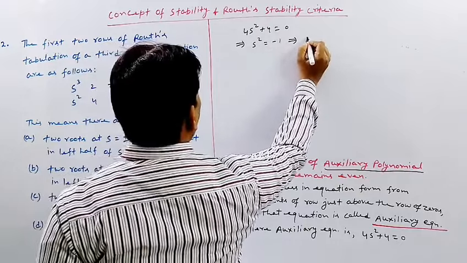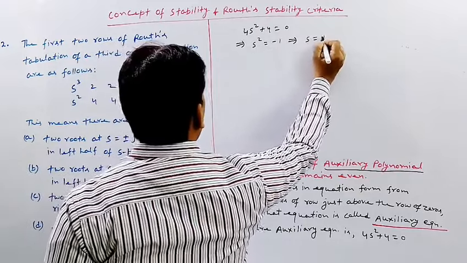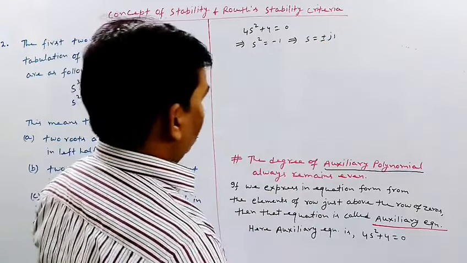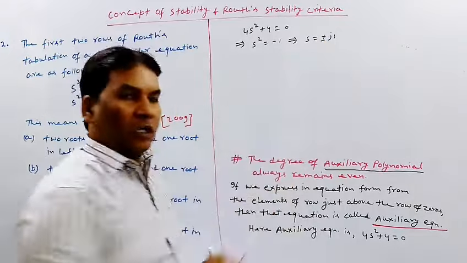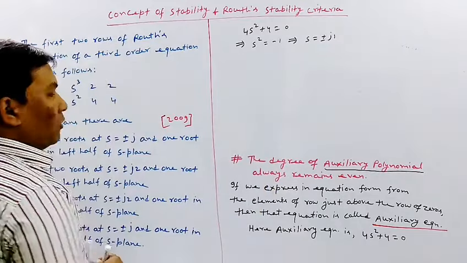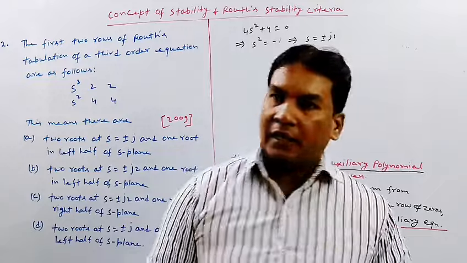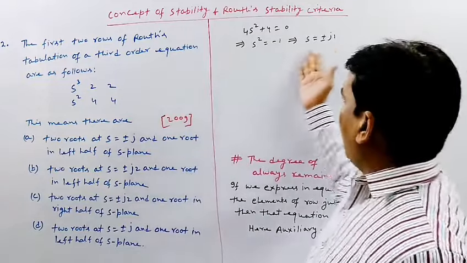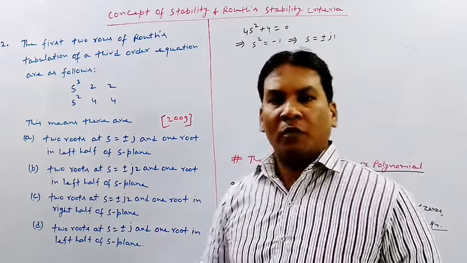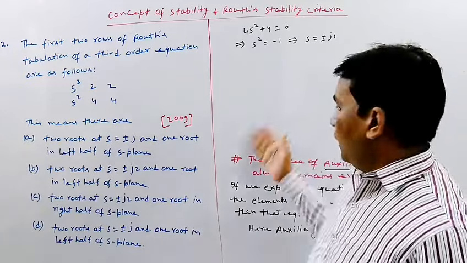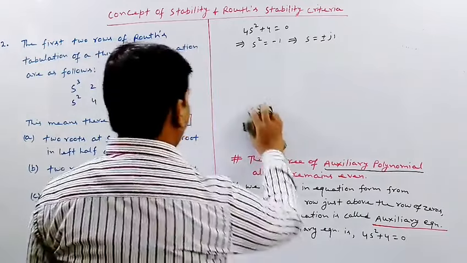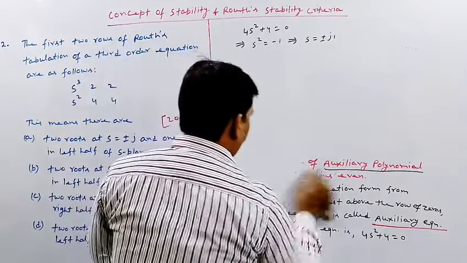This only means that s equals plus minus j1. So these are symmetrically located roots and these roots are on the imaginary axis. So we have got two roots of the system which are located at plus minus j1. Now we have to again form the Routh's array by making some modification. So how we have to form it, let us see.